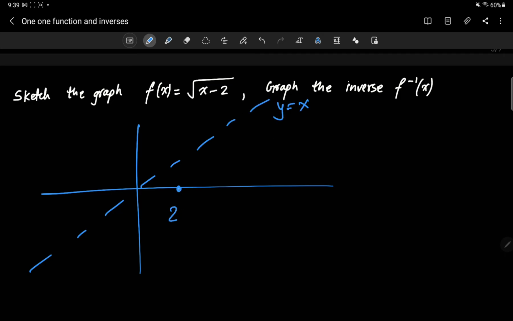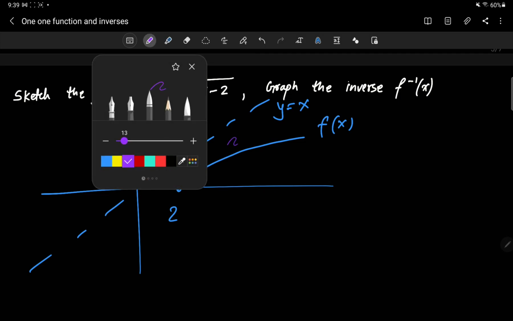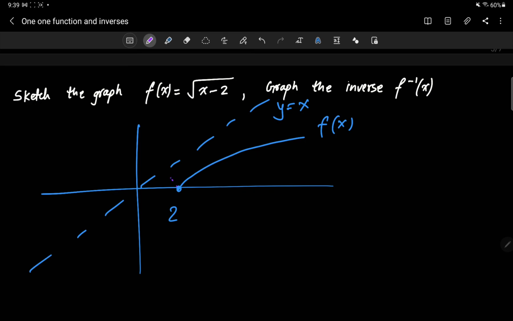That's 2 right here. That's what that graph looks like. That's f(x). Now to get the inverse function, I have to systematically take a reflection of this so that it looks something like that.